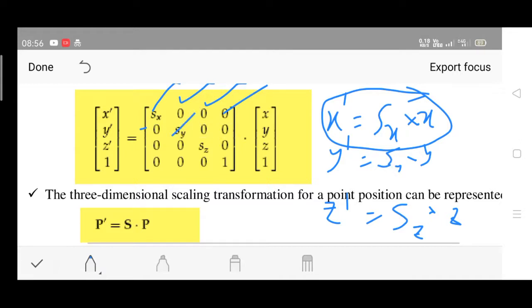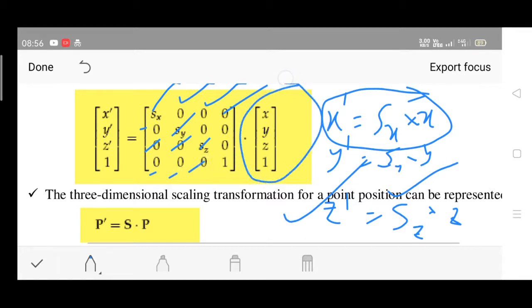And z dash is Sz into z, so 0, 0 for x and y, and for z the coefficient will be Sz, right? Mention it properly. Then finally 0, 0, 0, 1 is the constant term.